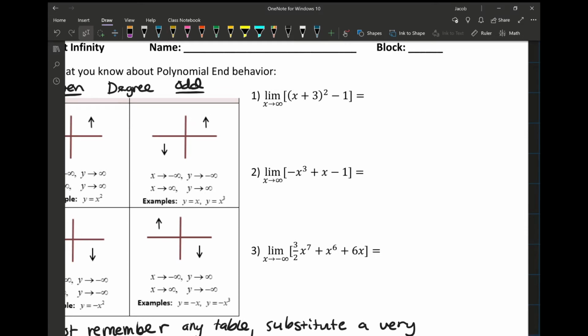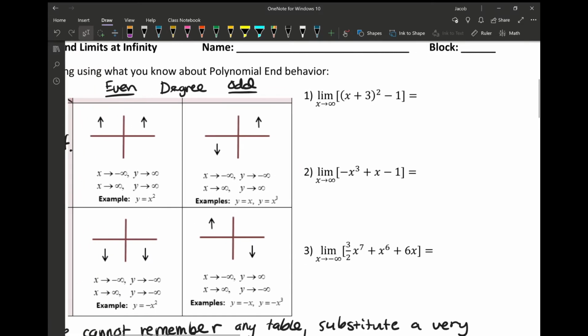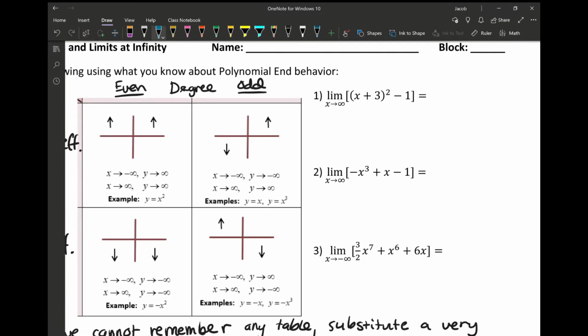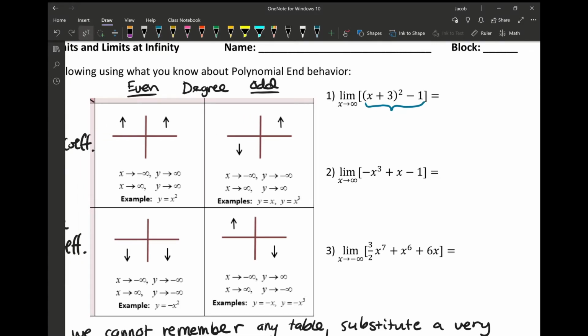The limits that we will be evaluating, like number 1 here, have somewhat of a strange form. If we're using this table, we need to know what the leading term is. And I know that my leading term, if I multiply this out some, is going to be 6x squared plus x squared.